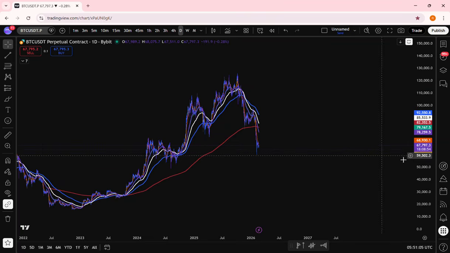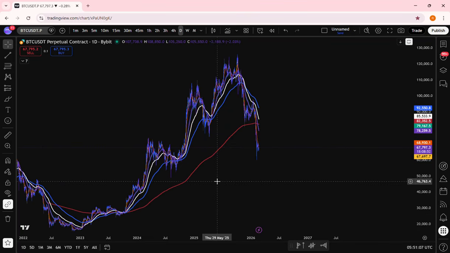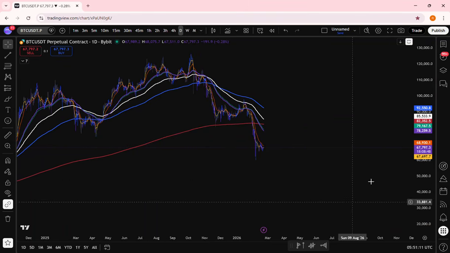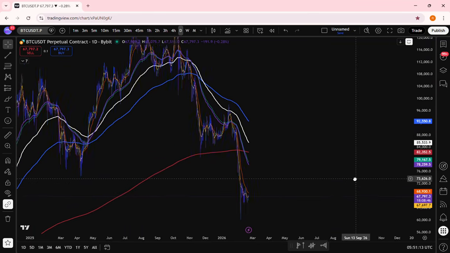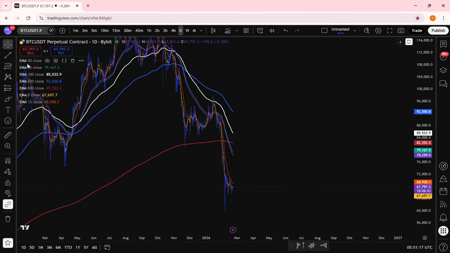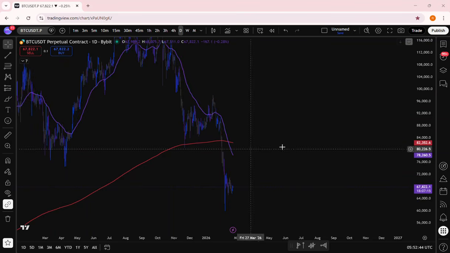Okay, so we can see the current price of Bitcoin has lost all EMAs. I mean, especially the 800 level.